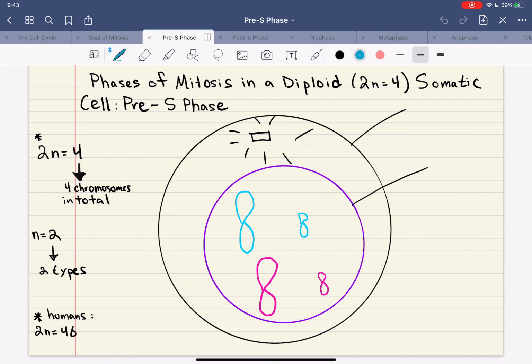So we're actually going to start before mitosis here. We're going to look at a cell as it would appear during G1. So at this point, we haven't even got to S phase. So I'm going to label some things in black. That's the cell membrane.